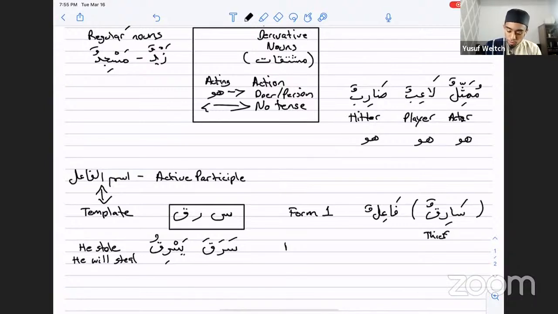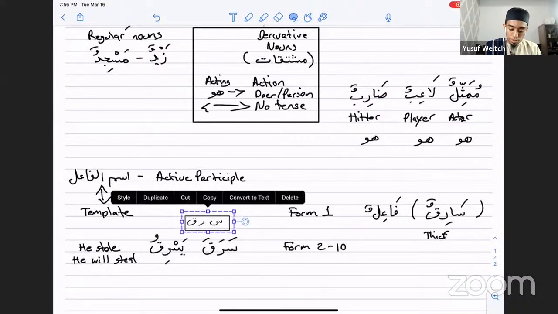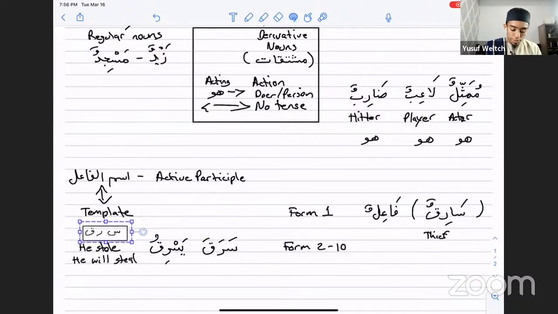For form 2 to 10, who can recall what the template is for the ism al-fa'il? It's made from the mudari' verb. Mudari' form.